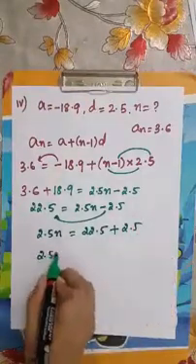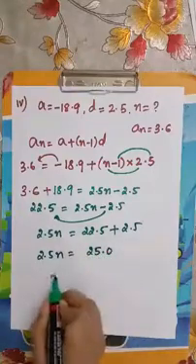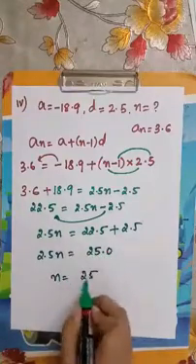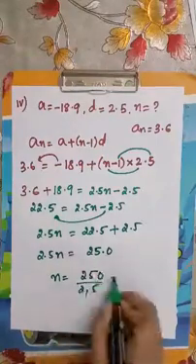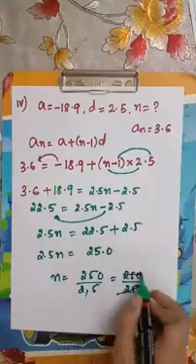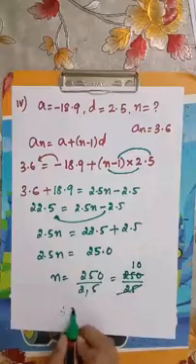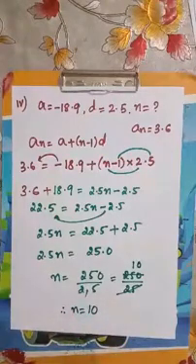So 2.5n is equal to 25.0. n is equal to 25 by 2.5. यहाँ से पॉइंट हटा दिया, 0 हो गया. So that is 250 by 25. 25 ones are 25, 25 tens are 250. Therefore, n is equal to 10. Rest 2 bits you are going to do as homework.